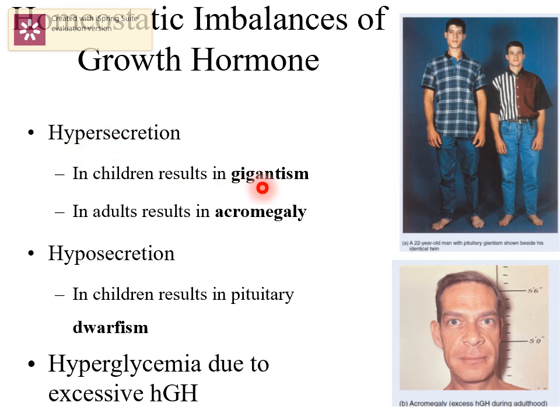Hypersecretion causes gigantism in children because the growth hormone specifically targets active epiphyseal plates in children. If you don't remember what an epiphyseal plate is, make sure you go back and look at this term. So the epiphyseal plate is the region along which long bones continue to divide.